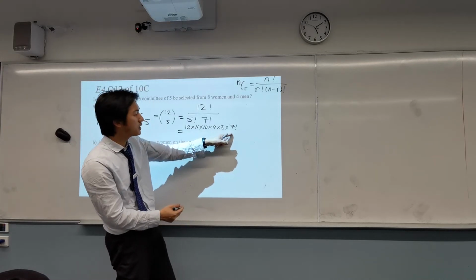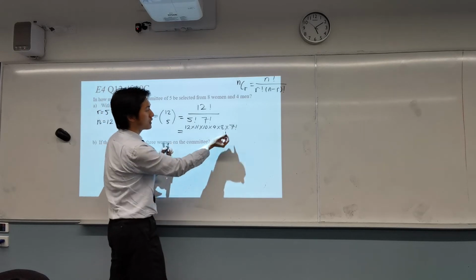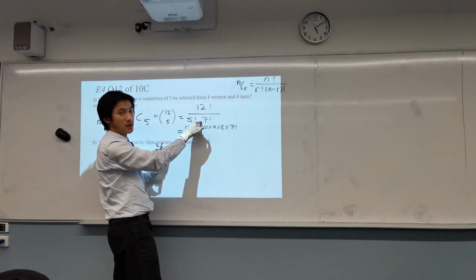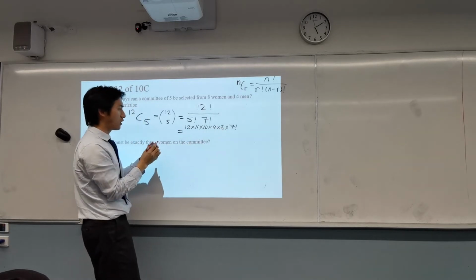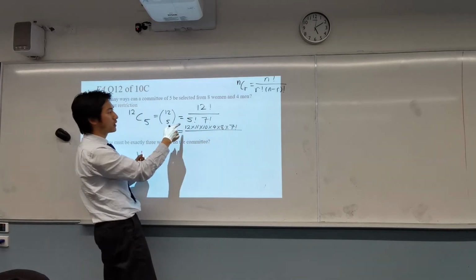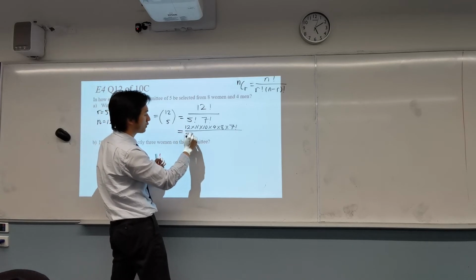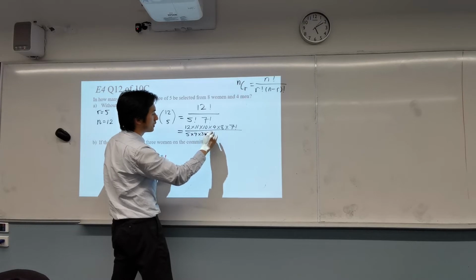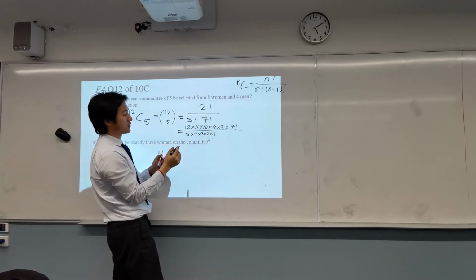But I stop here because you can notice that this 7 factorial cancels out with the 7 factorial in the denominator. So I'll stop here and I'll save myself some energy. And we divide that by 5 factorial. I'm going to write out the full thing because it's the other factorial that cancels out.